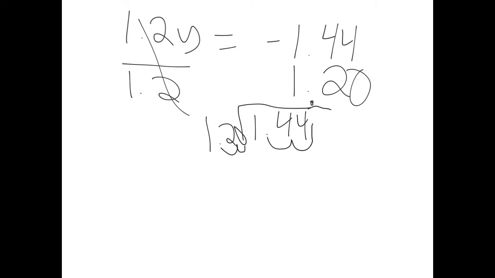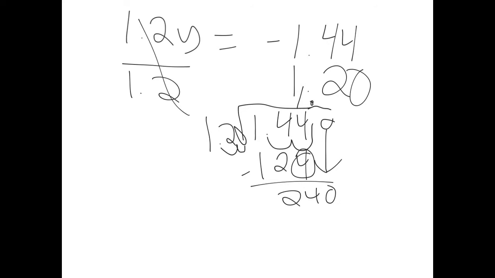So 120 goes into 144 once, with 24 remaining. You would bring down a 0, and your answer would be 1.2, because 120 goes into 240 twice. So the answer would be y equals 1.2.